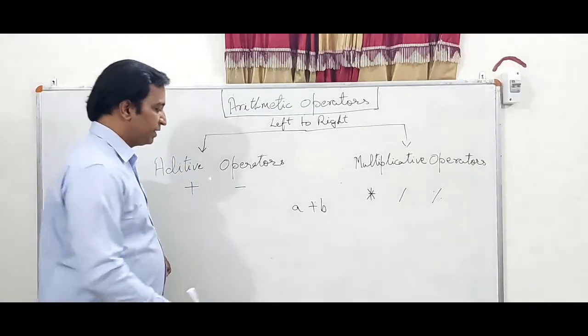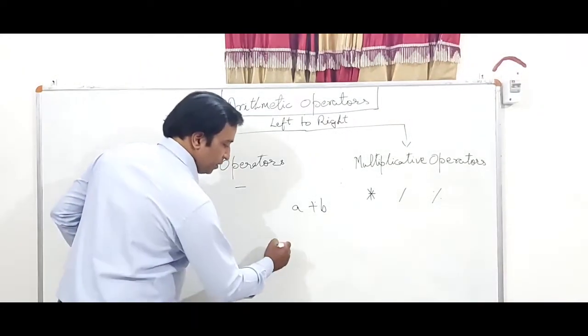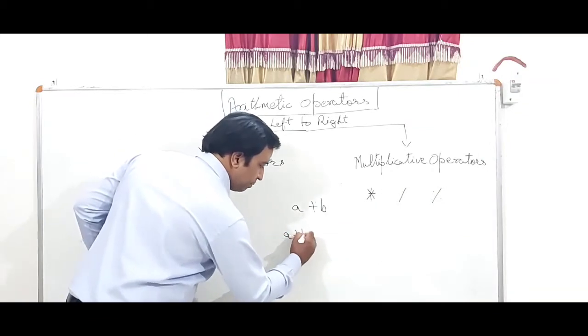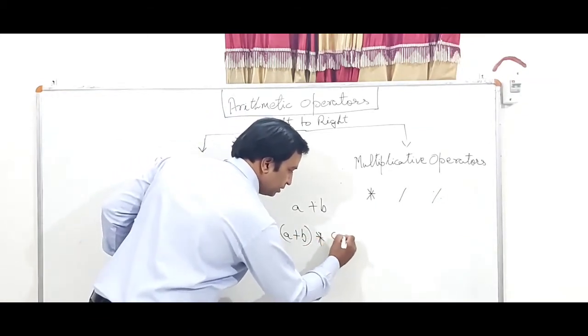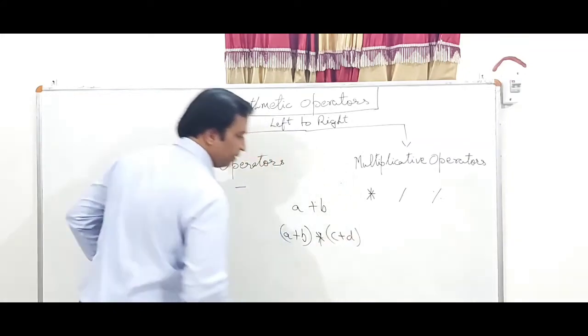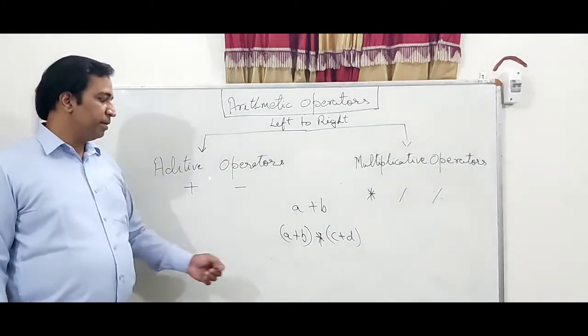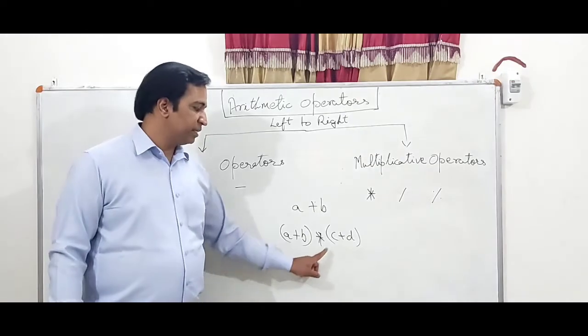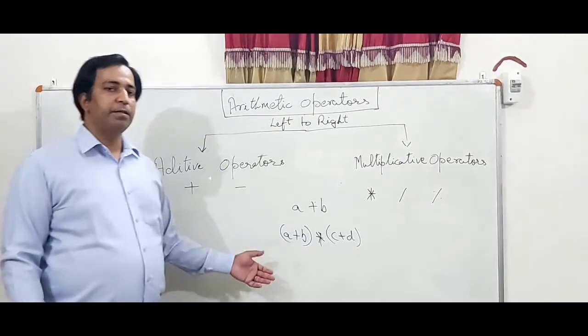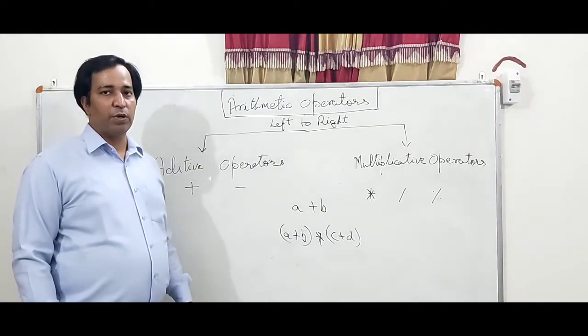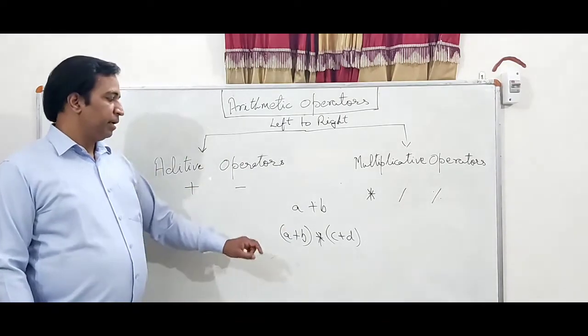Let me give you one more example. Suppose we have A plus B multiply C plus D. Please remember that there are parentheses also. If there are no parentheses, then the calculation will be done in a different way, which I'll explain later. Let's see.